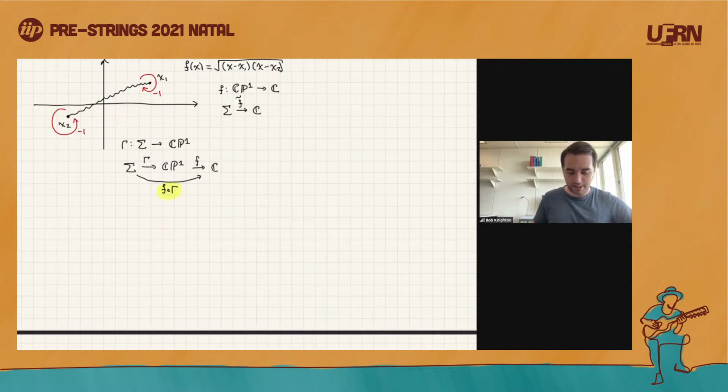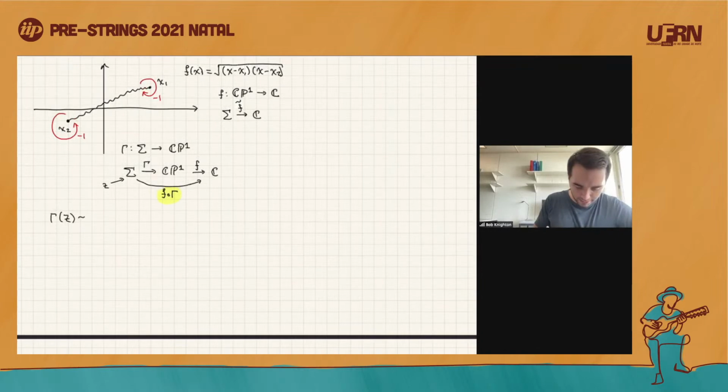And the property that gamma has to have is the following. Let's say the coordinates on sigma are given by z instead of x. Then gamma basically has to have the asymptotic behavior that near z_i, for instance, it has to go like x_i plus basically (z minus z_i) squared.